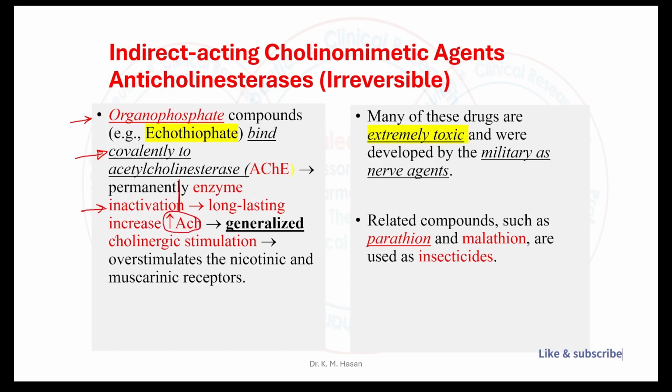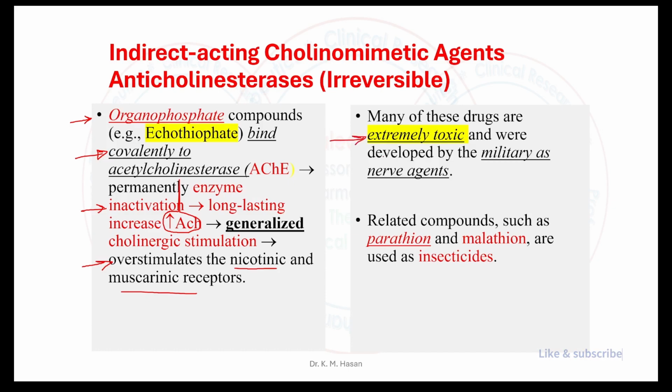So we know that acetylcholine affects the entire human body and will cause overstimulation. Overstimulation will stimulate nicotinic receptors and muscarinic receptors. This will affect every part of the body. Many of these drugs belonging to the irreversible group are considered extremely toxic.